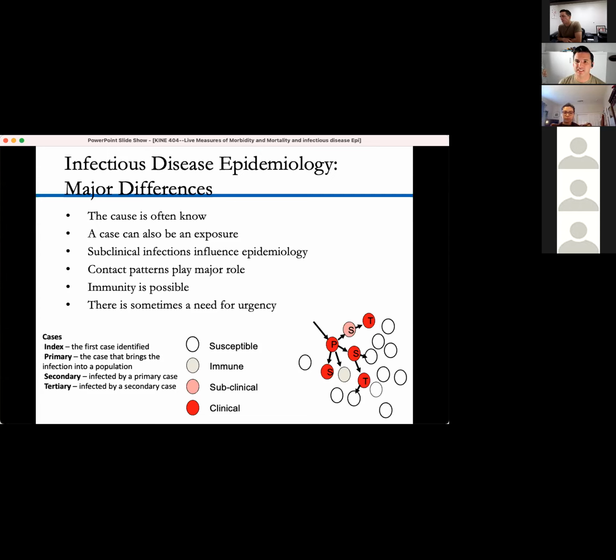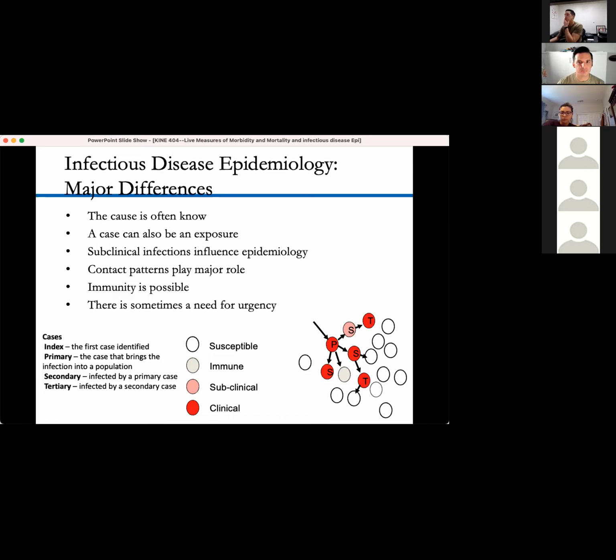So actually determining causes of disease for individuals with chronic diseases can be very challenging. But with infectious disease epidemiology, we know if we eliminate the SARS-CoV-2 virus, we will eliminate cases of COVID-19, the disease. Same thing with HIV, the flu, the cold, all of those other things.